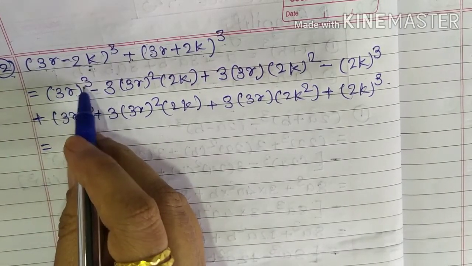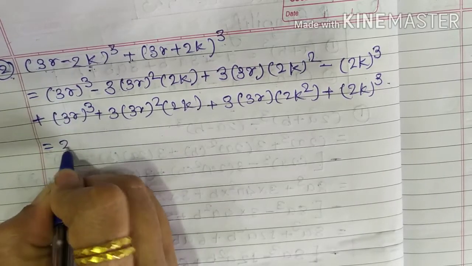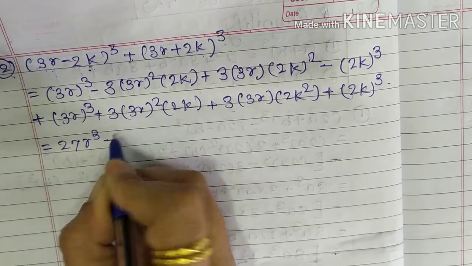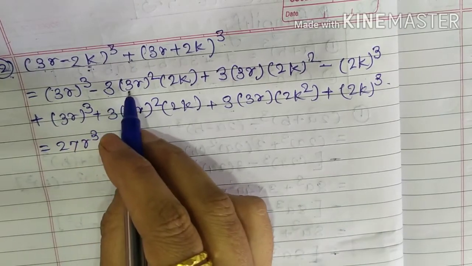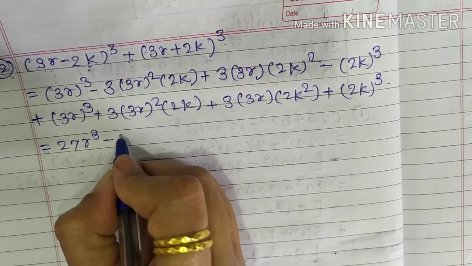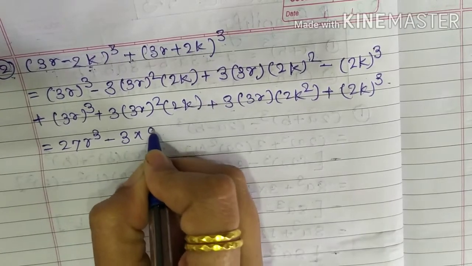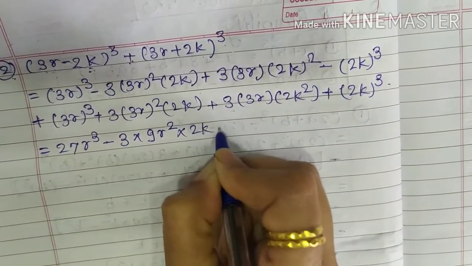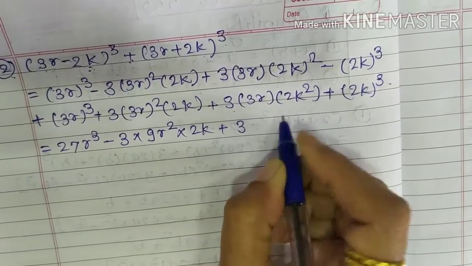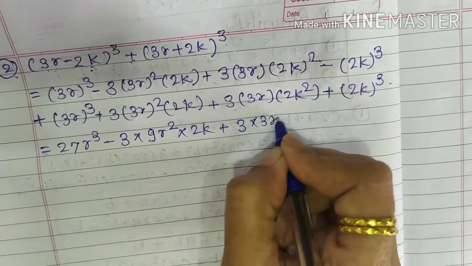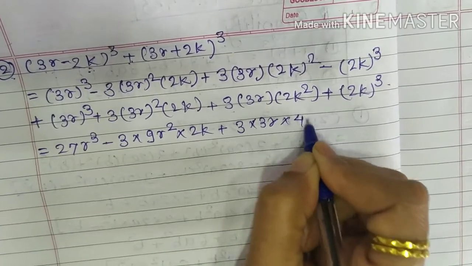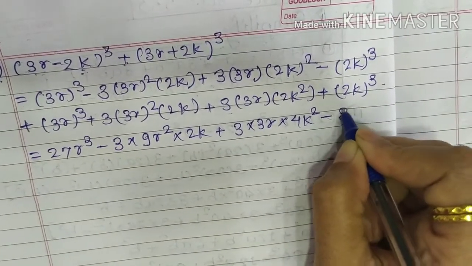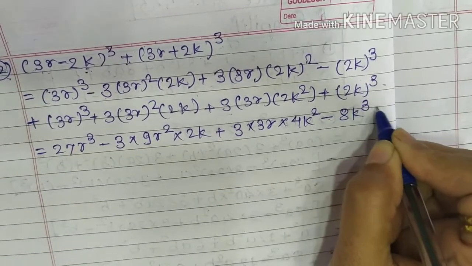3r cube, cube of 3, that is 27r cube, minus 3 into square of 3r, that is 9r square, into 2k, plus 3 into 3r into 4k square, minus 8k cube.